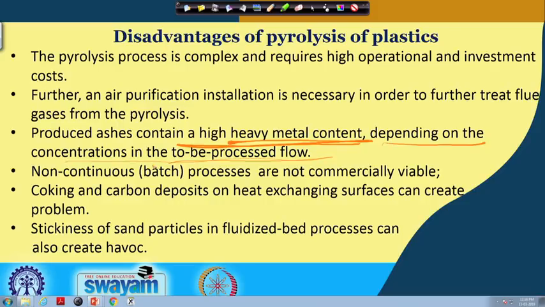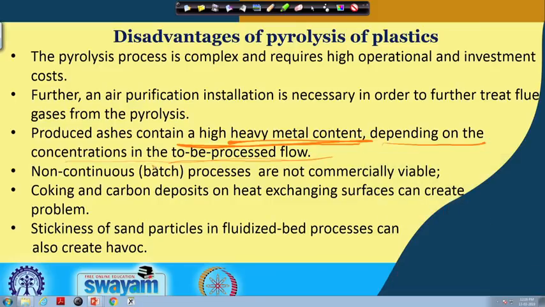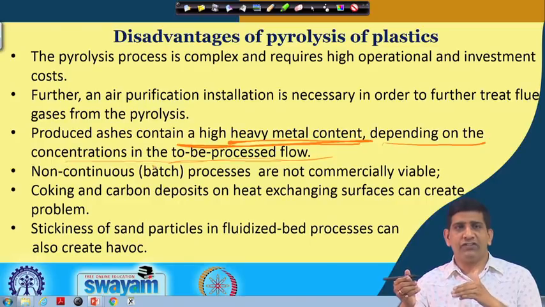You cannot start it, stop it, start it, stop it. That doesn't work. So what does that mean? It means that you need a good supply of plastic waste, a continuous supply of plastic waste.